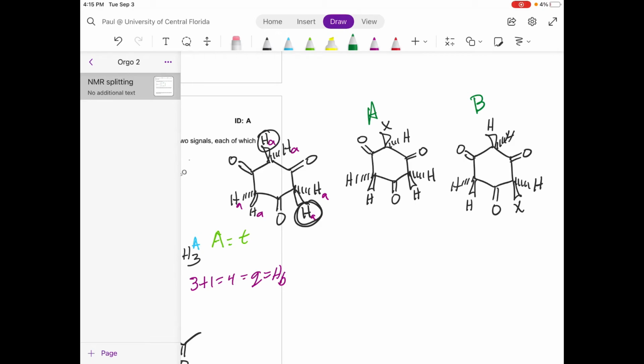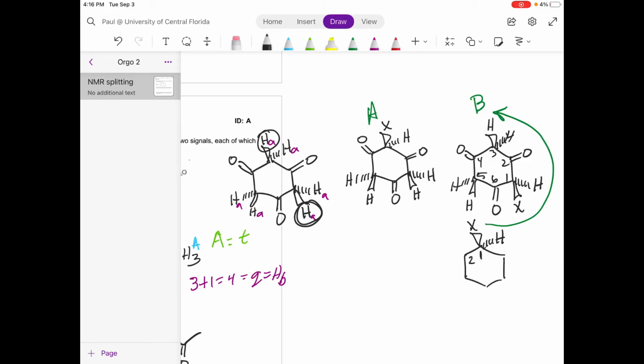Now look at what we can do here. What if I took B and just rotated, just like on the face of a clock, rotated that way? I'm going to rotate it until I get it to look like this. So if that's carbon 1, carbon 2, carbon 3, carbon 4, watch what I'm going to do. I'm going to rotate until I get carbon 1 right there. And carbon 1, since I've just rotated like on the face of a clock, I'm still going to have my wedged X like that.